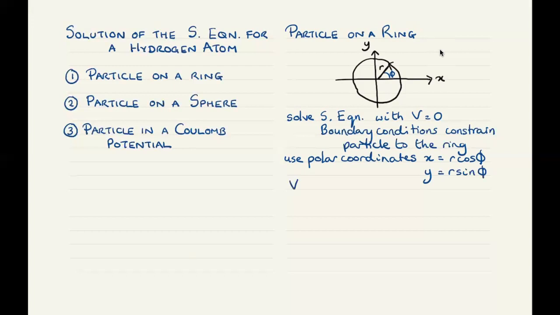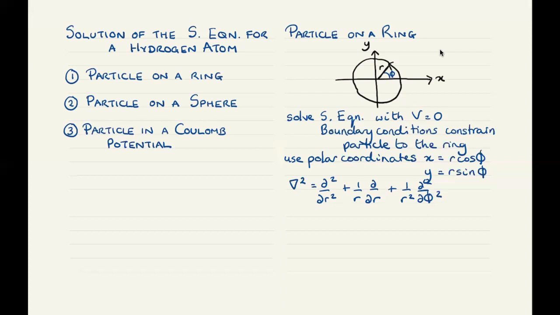So our Laplacian del squared, which appears in the Schrödinger equation, is d2 by dr squared plus 1 over r d by dr plus 1 over r squared d2 by d phi squared.